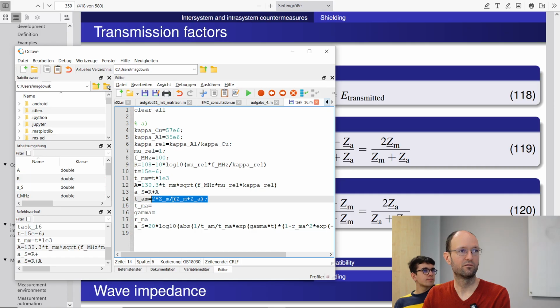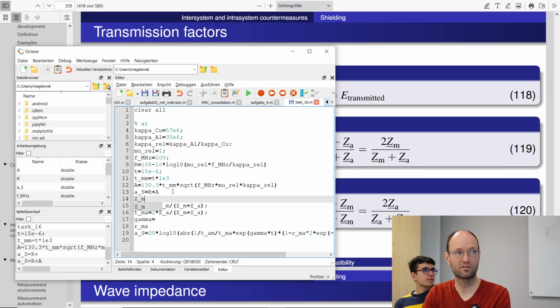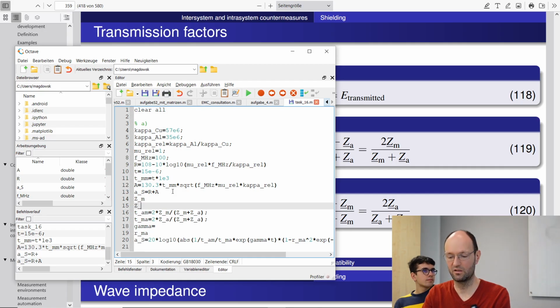The second value here is 2 times ZA, and everything else is the same. To have this, we of course need to calculate the wave impedance in metal and the wave impedance in air.